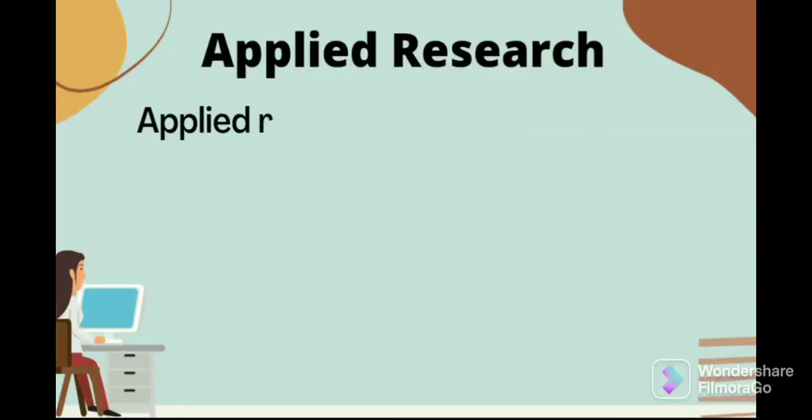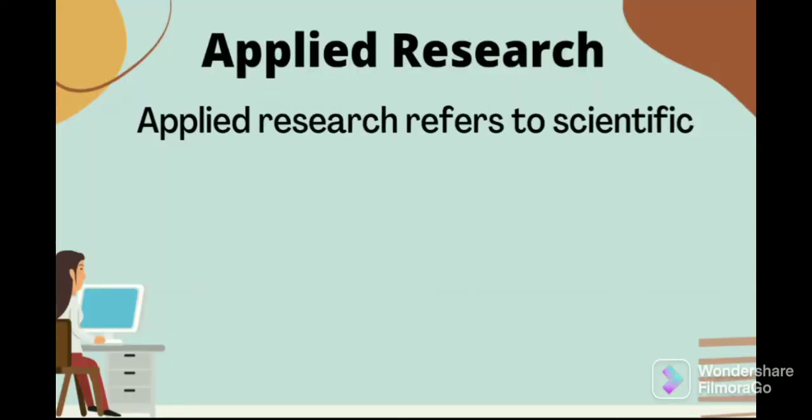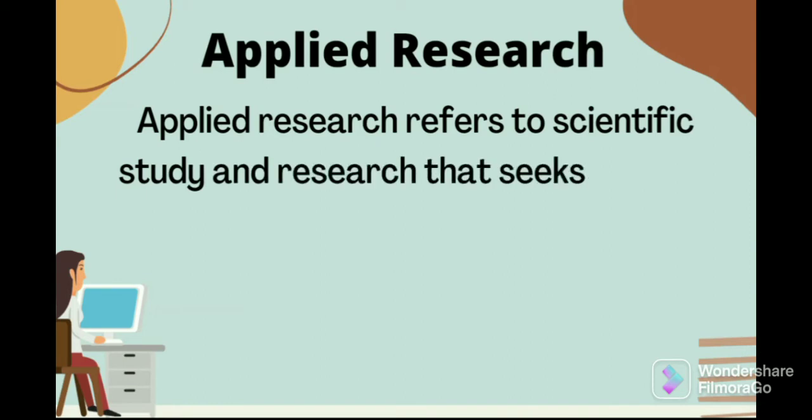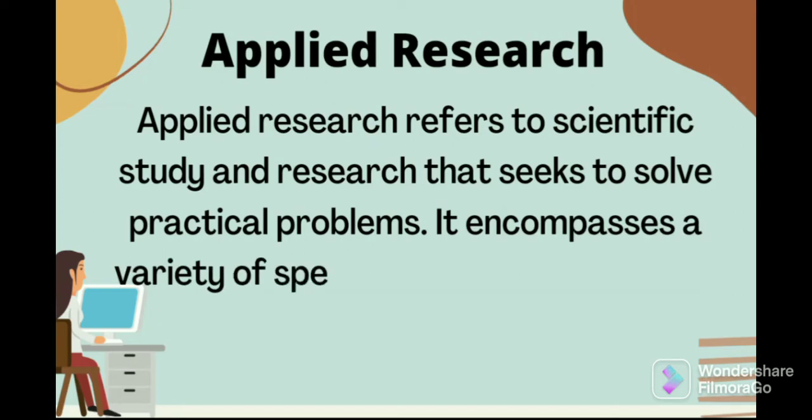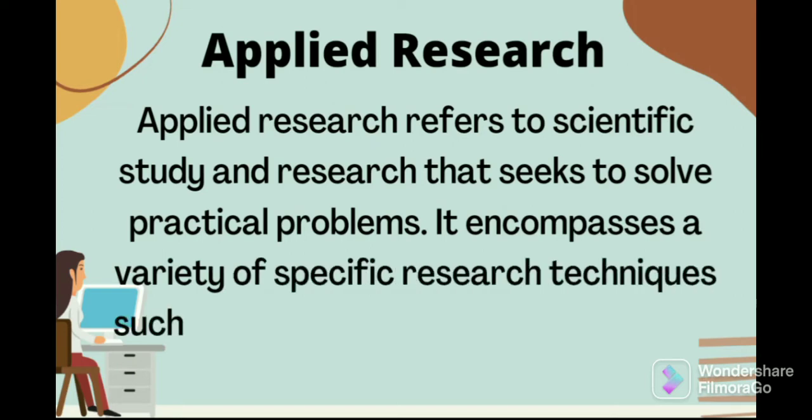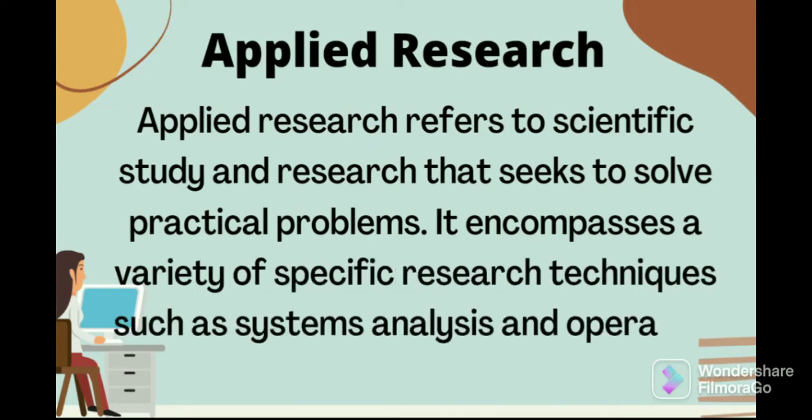Applied research, on the other hand, refers to the scientific study and research that seeks to solve practical problems. It encompasses a variety of specific research techniques such as system analysis and operations research.